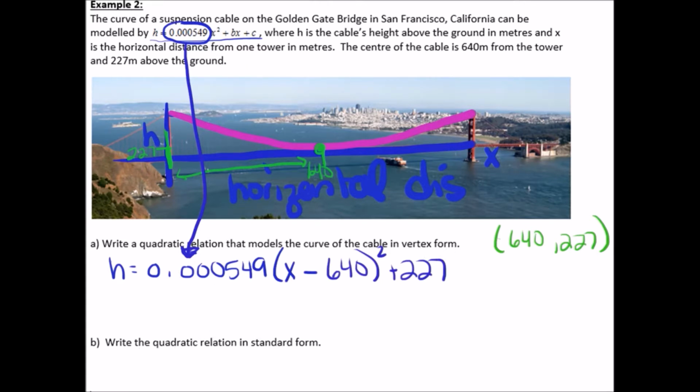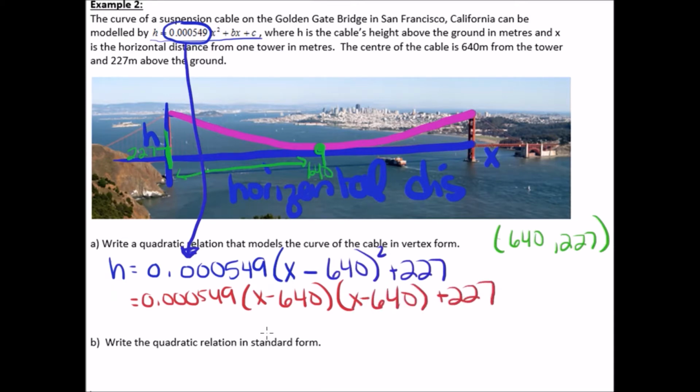Now, B wants us to write it in standard form. So let's do that in red. Okay, I'm going to keep 0.000549 there, and I'm going to write x minus 640, x minus 640, and then plus 227. And again, we're going to expand these two brackets here, and we're going to leave everything else as it is.